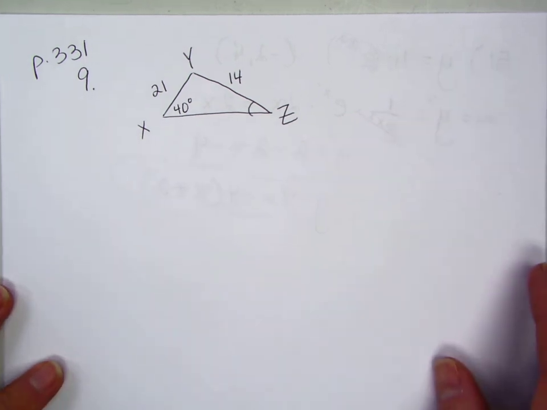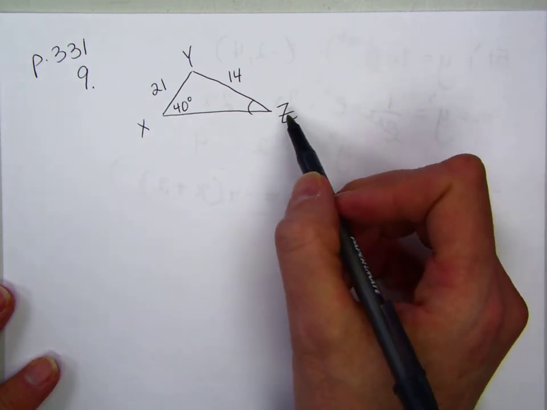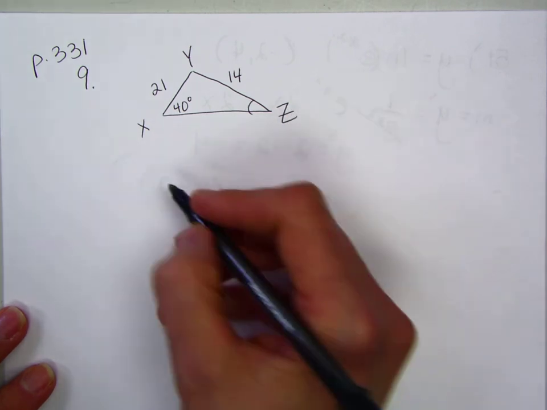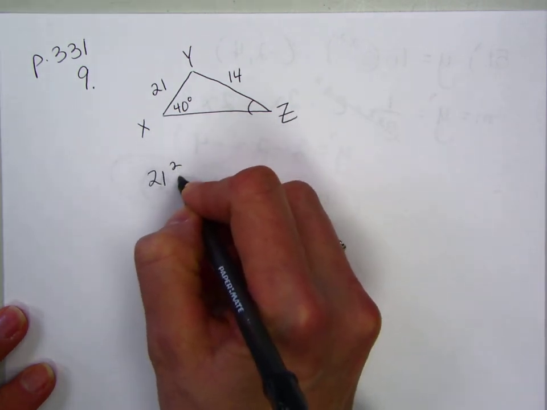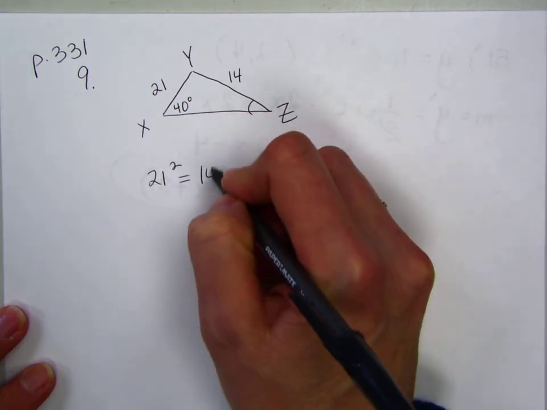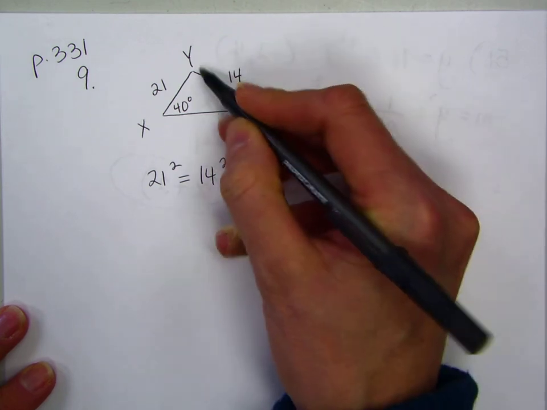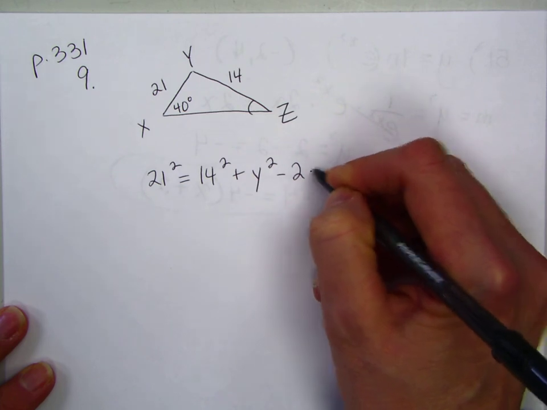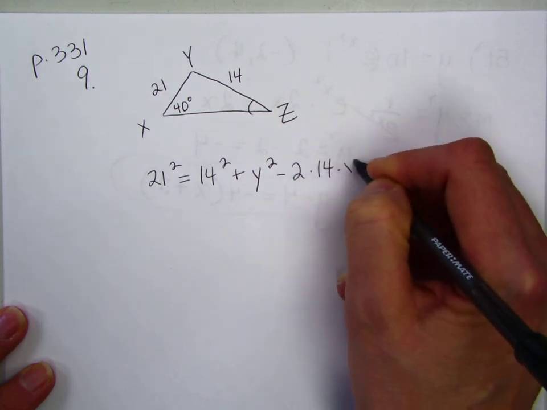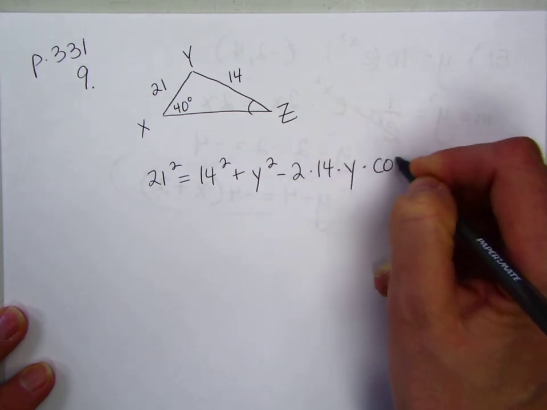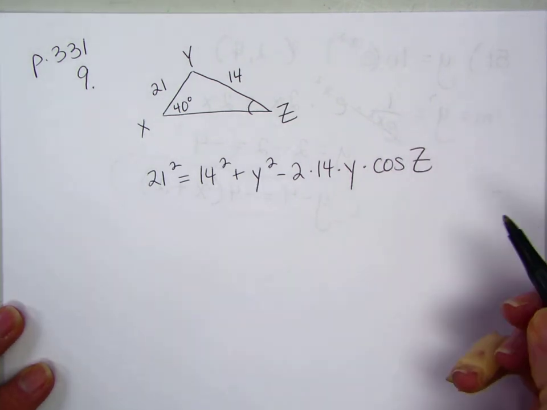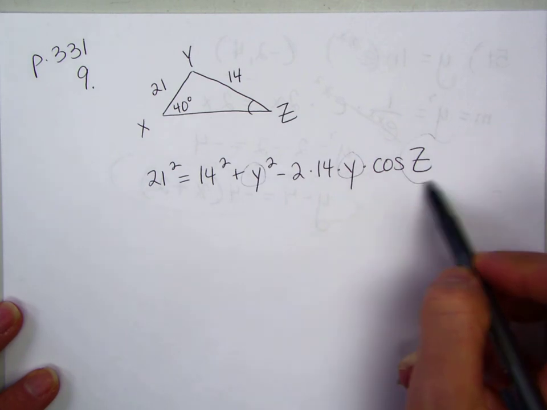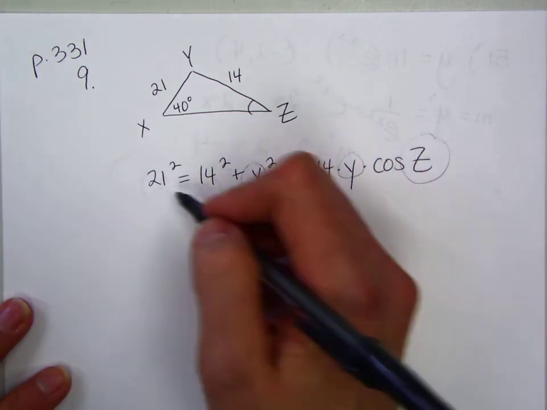If I was going to find angle z, and I was going to set this up with the law of cosines, here's how it would look. 21 squared equals 14 squared plus, I'm going to call this little y squared, minus 2 times 14 times little y times the cosine of z. And what I have then are too many variables. I've got y's and big z's. So that's why it doesn't work.